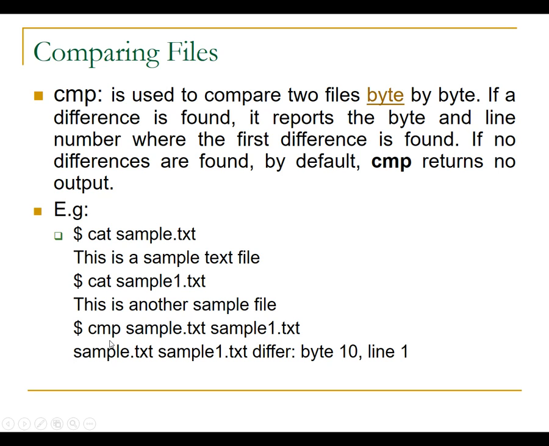Then using the keyword CMP, compare the sample.txt and sample1.txt files. If there is a difference, it will show the difference by byte and line number.